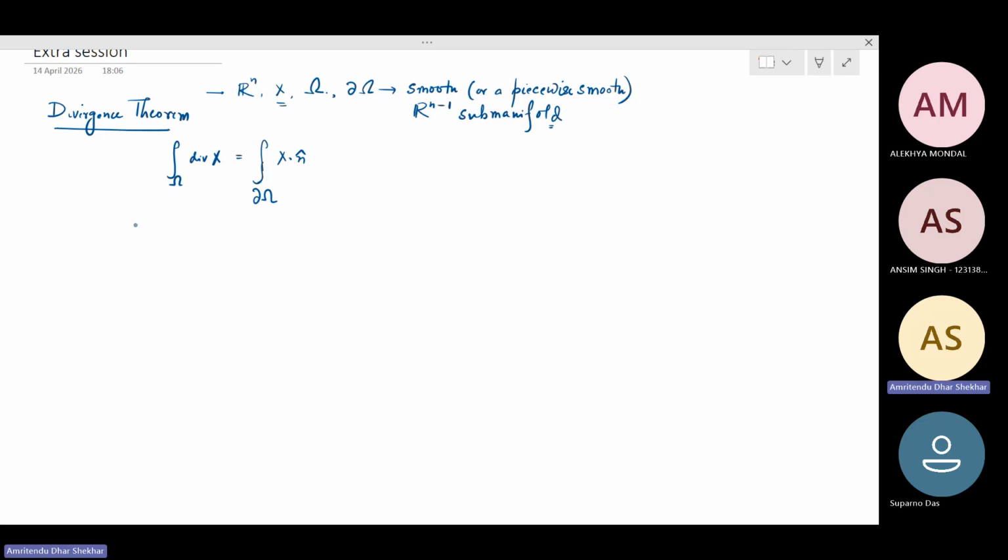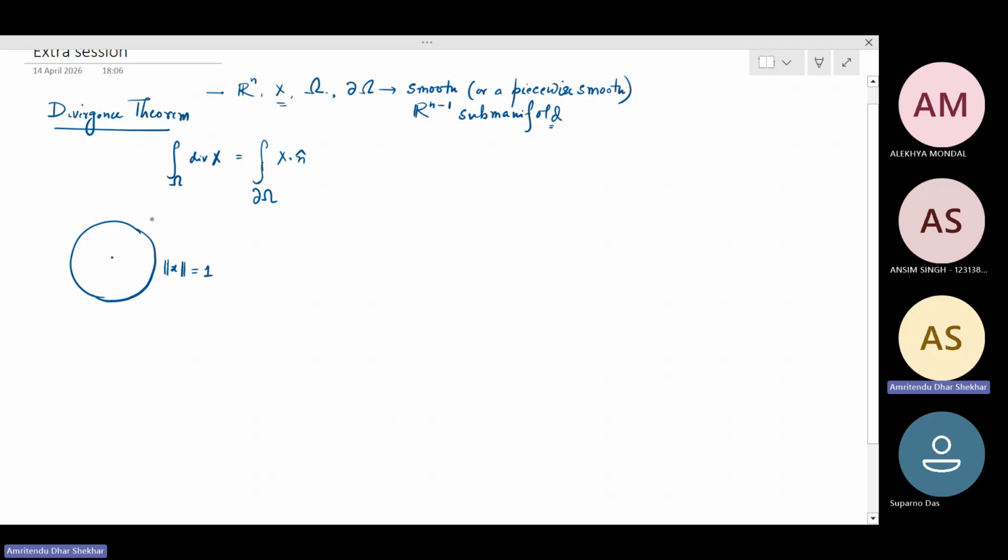So let's say you are in R3 and you have the sphere in R3, which is given by the distance equal to 1. This is your sphere.